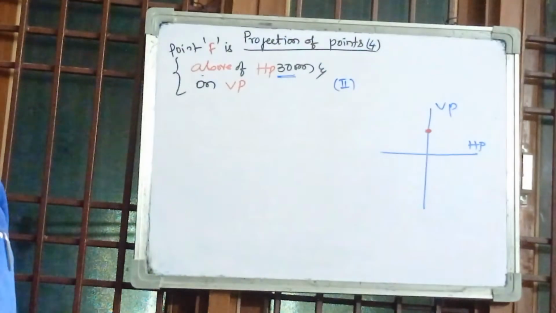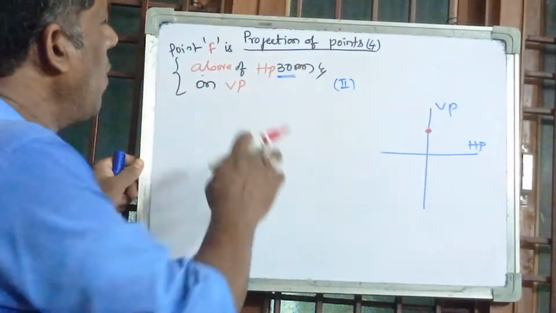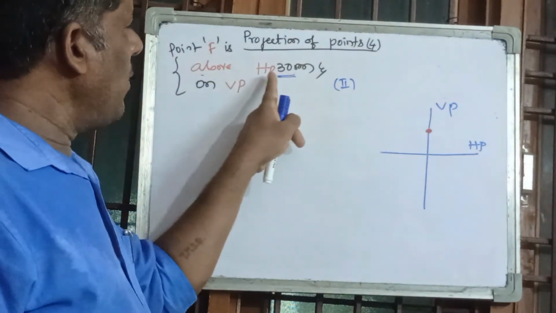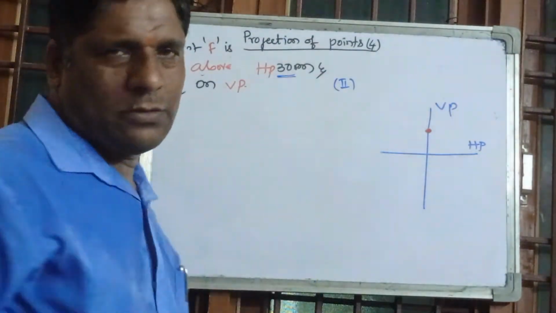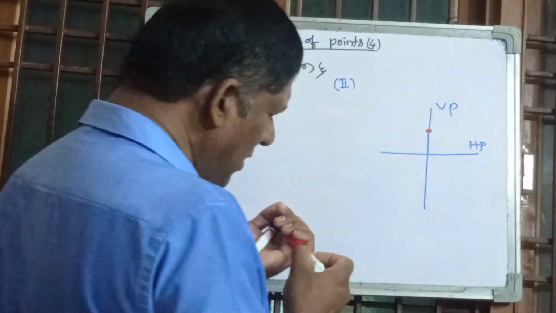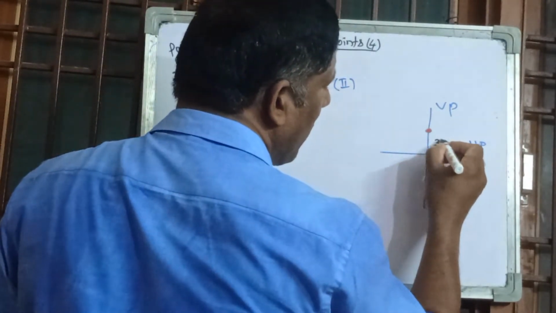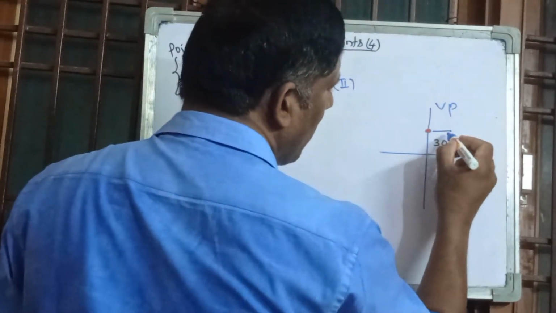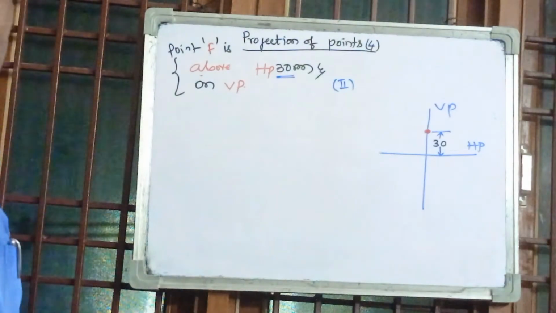This is the question: a point F is 30 mm above HP and on VP; draw its projections. So here this gap is given as 30 mm, so I am taking 30 mm here.